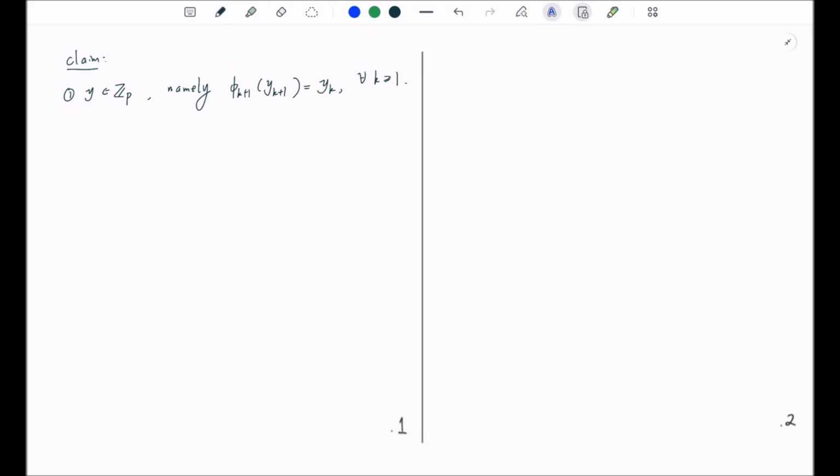And remember, this compatibility condition is equivalent to saying that y_{k+1} is congruent to y_k modulo p^k for any k. Why is this true?